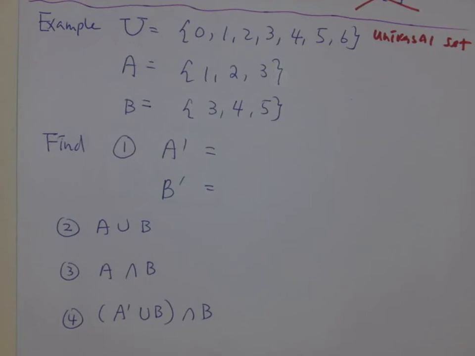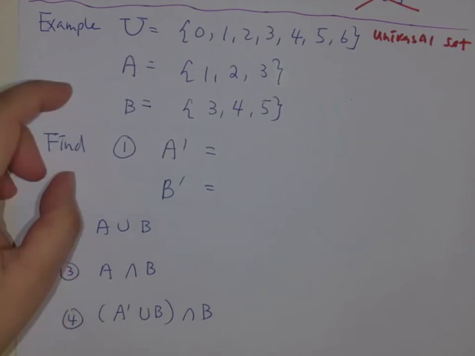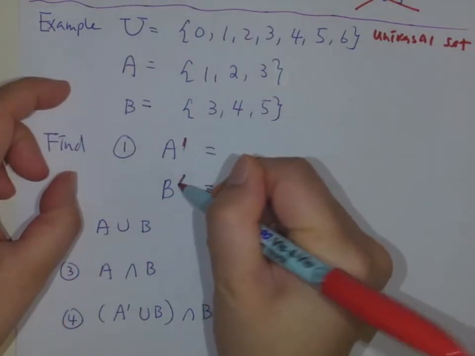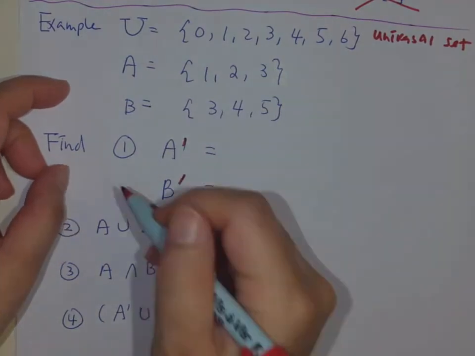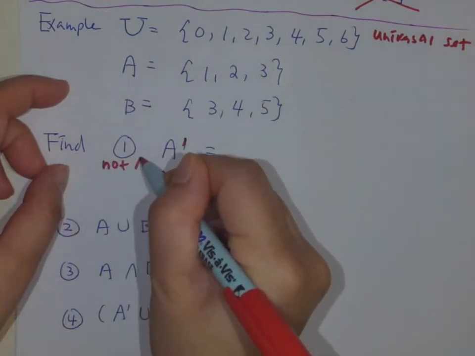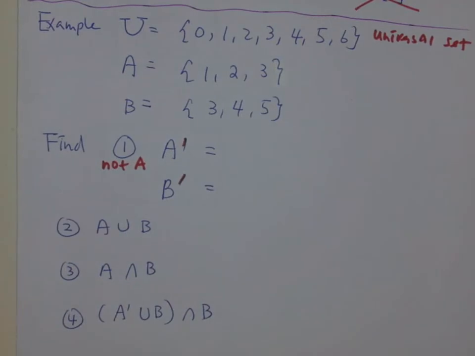For the first one, I see an apostrophe here, so this means not A. For not A, we are comparing A with the universal set.